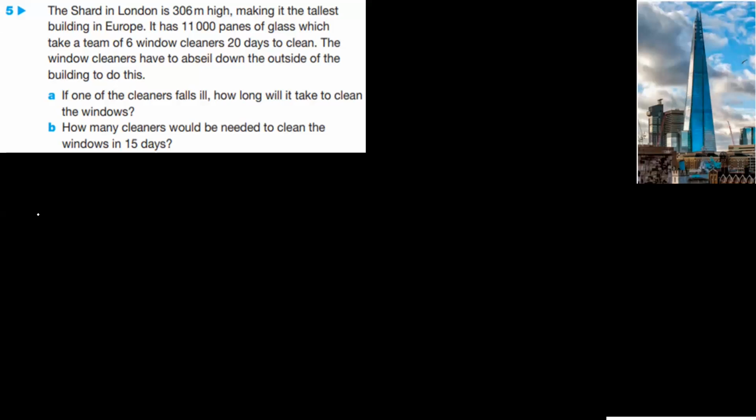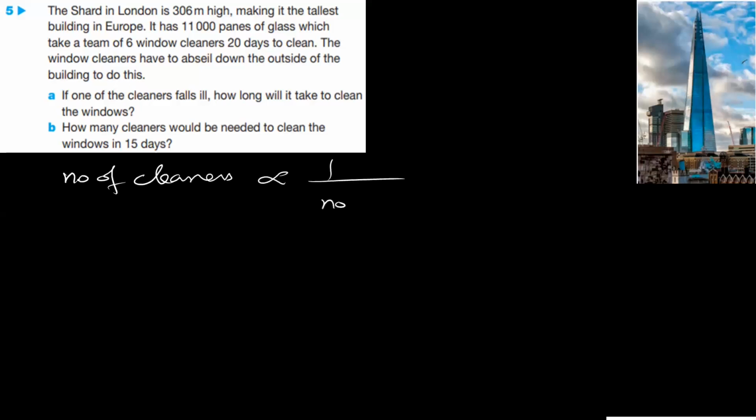So we start with basic information. It's an inverse proportion between the number of cleaners and the days taken to clean.